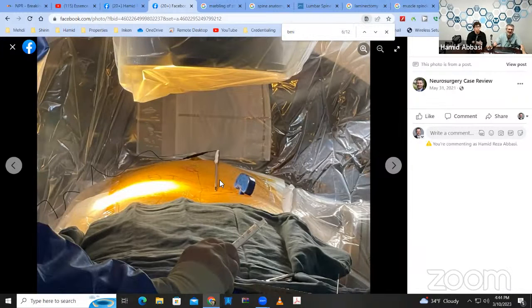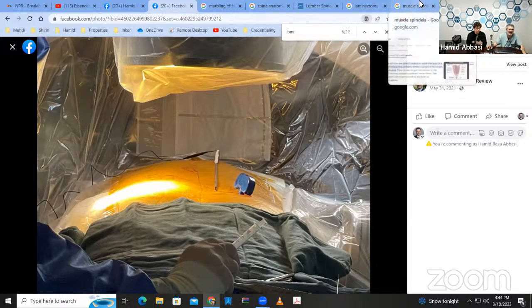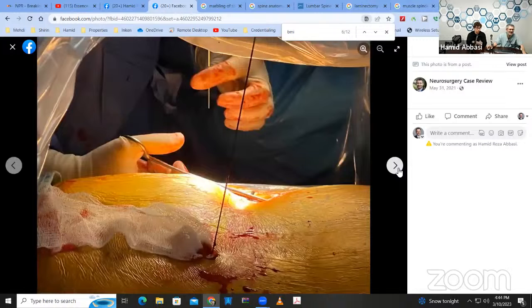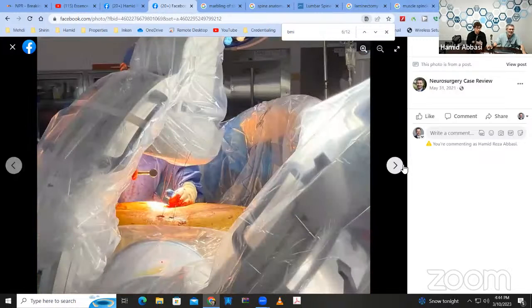This is a Jamshidi. Do you guys know what a Jamshidi is? A Jamshidi is a certain kind of needle that we use in the spine to access the vertebral body. I'm going to see if I have a regular-size one so you see how big it is.